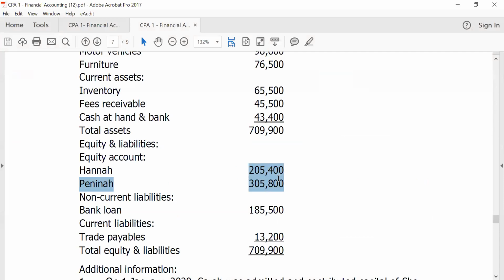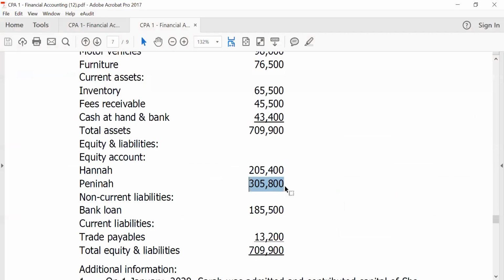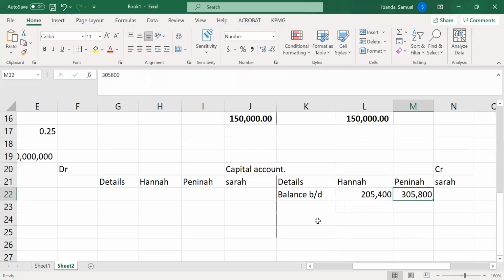We have 205, and then Penina has 300. So these are the balances before we even admit a new partner, what we started with at the start of the year, before any decision came through.